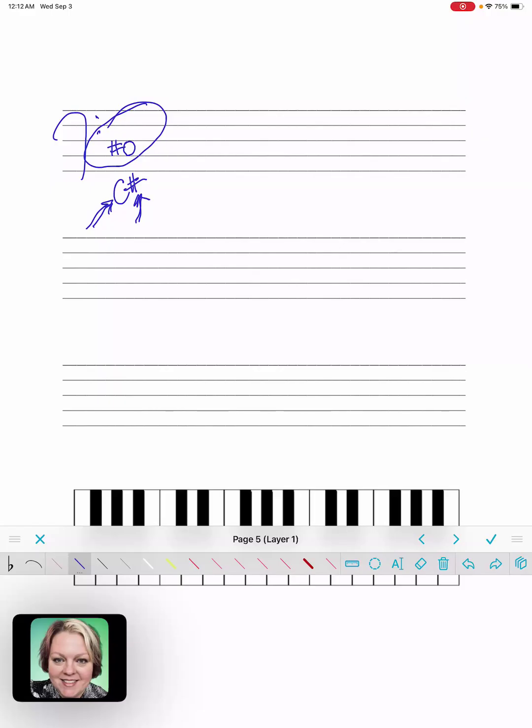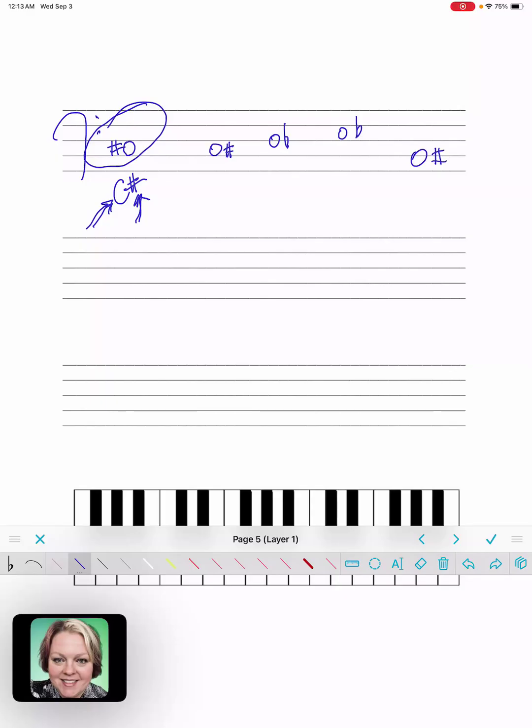We do read music from left to right. So if you have a bunch of notes in a row, and I'm just going to put random ones up here. If you were to put the accidental after the note, I'll put another flat there, I'll put a sharp here.